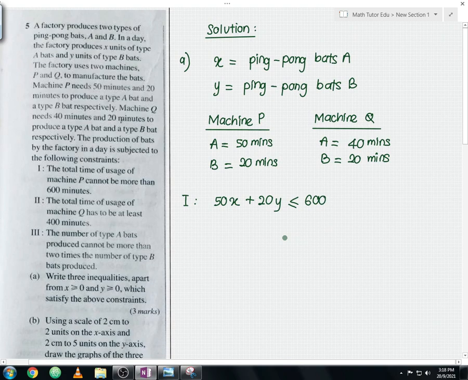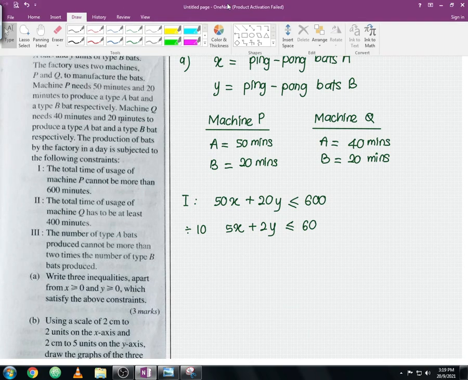You can simplify this equation by dividing the whole equation by 10. So you get 5x plus 2y should be less than or equal to 60. This is your first constraint, so let me underline this.